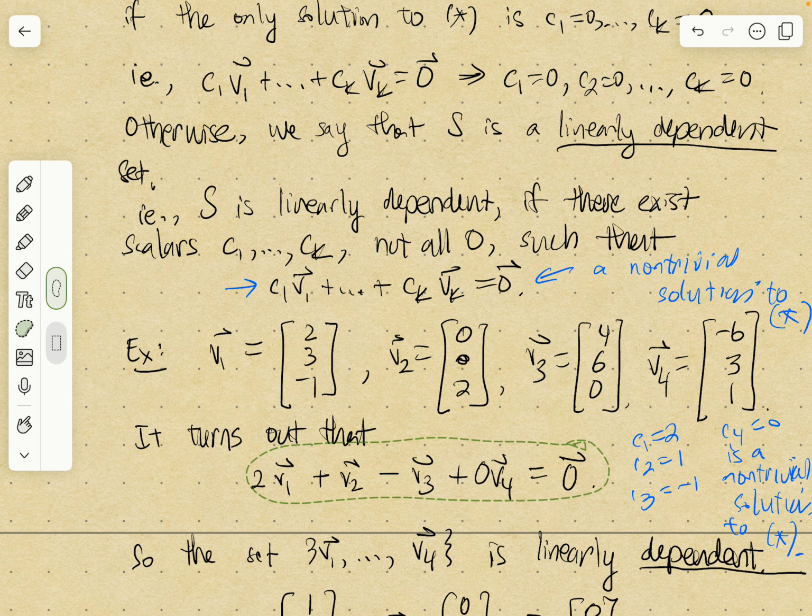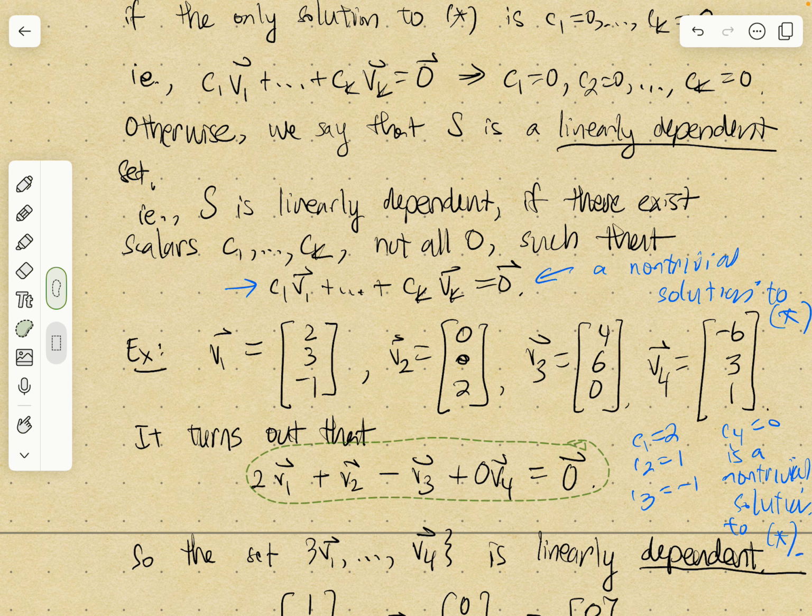So properly speaking, the term linearly independent goes with a set of vectors. It's not exactly correct to say that the vectors are independent or the vectors are dependent. On the other hand, everyone says that, so as long as there's no confusion about what we mean, it's not a big deal.